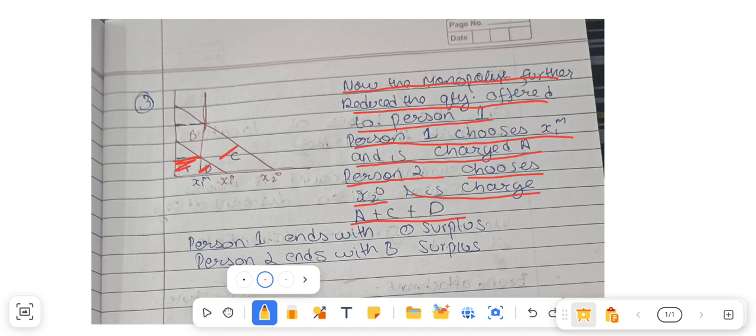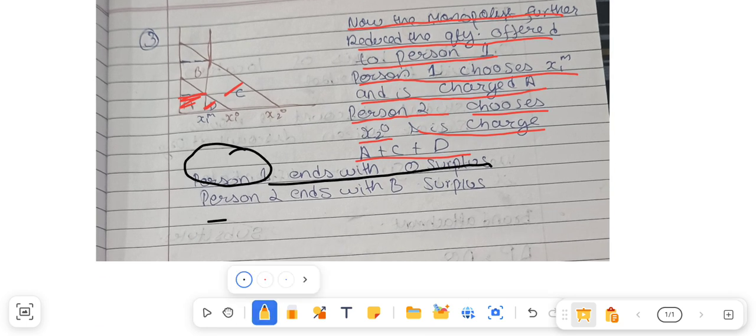and person 1, which is the low demand group, ends up with 0 surplus, since they are paying more for less quantity, but person 2 ends up with a surplus B. The surplus B is shaded with the black area.